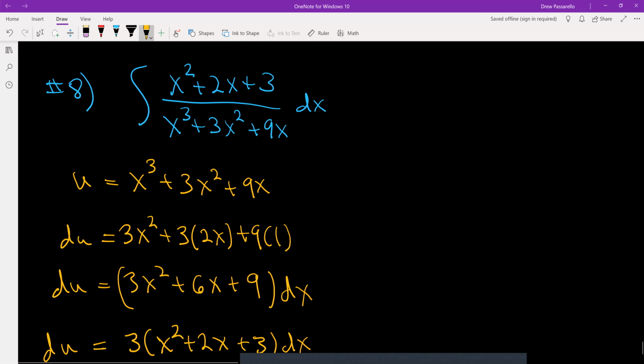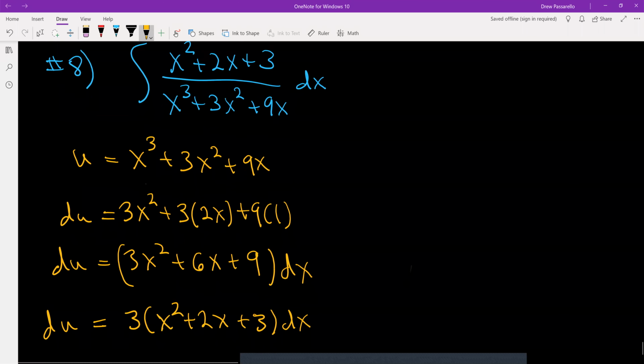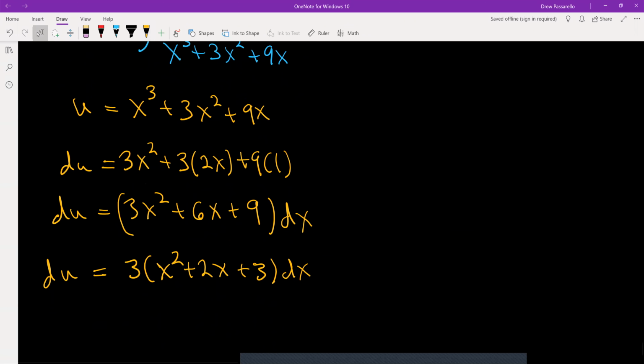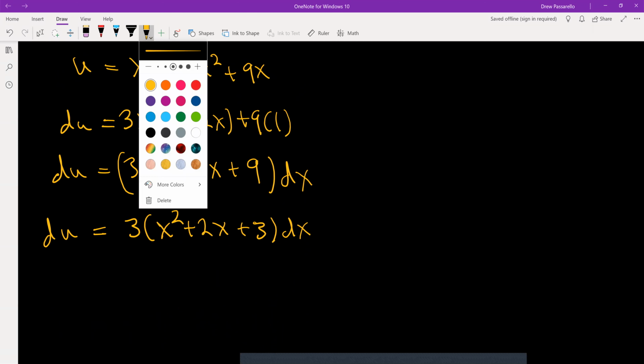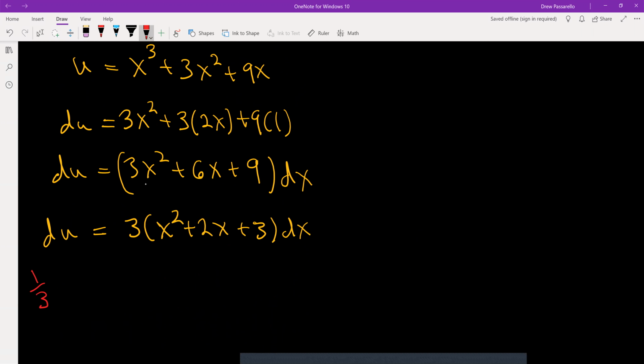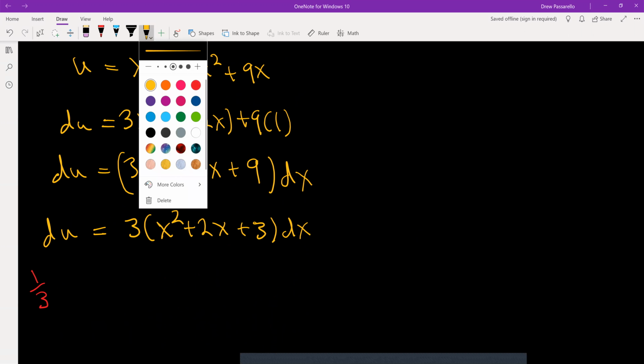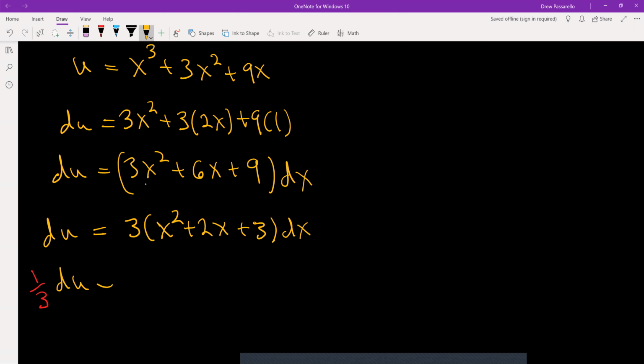And that's what I have in the integral, the x squared plus 2x plus 3. It's just I have this multiple of 3. So I got to get rid of that by multiplying both sides by a third. You have 1/3 du. And then the 3 goes away, so now I do have the x squared plus 2x plus 3, and then dx.